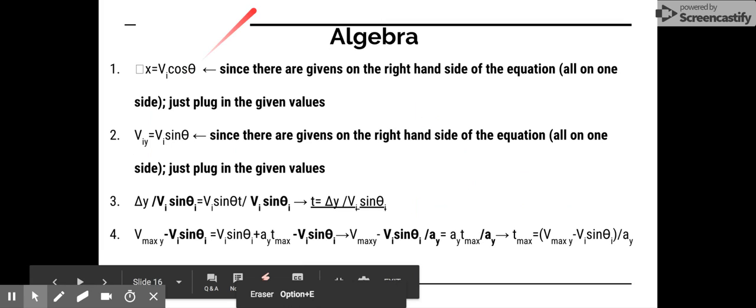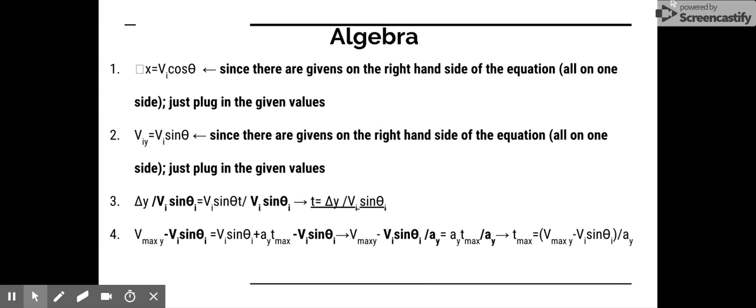Since there are givens and finds in this equation, on the right-hand side of the equation, you just plug in the given values to get our delta x. Same with this one. In order to get our, this is not delta x, excuse me, this is v initial in the x.